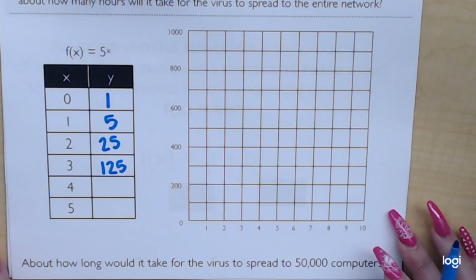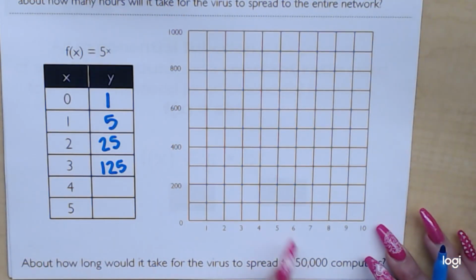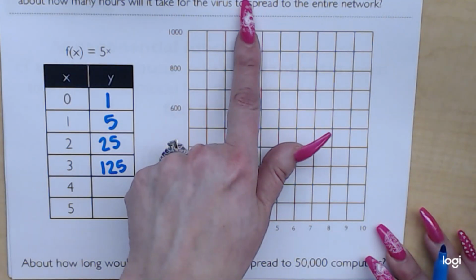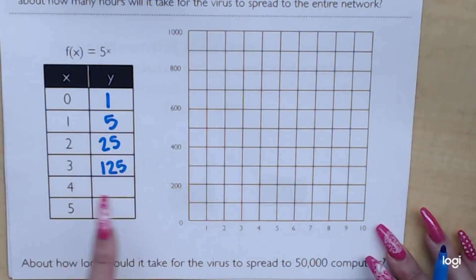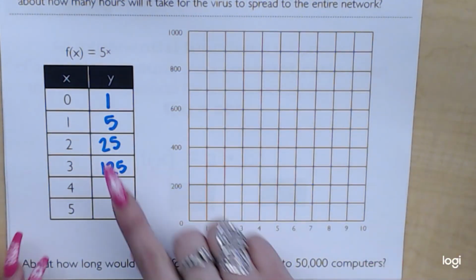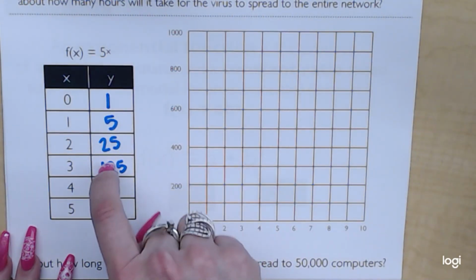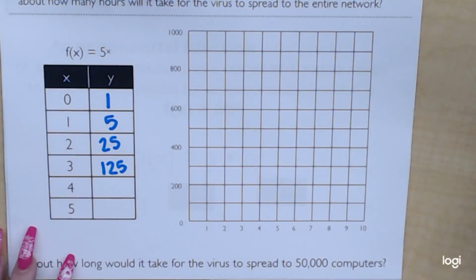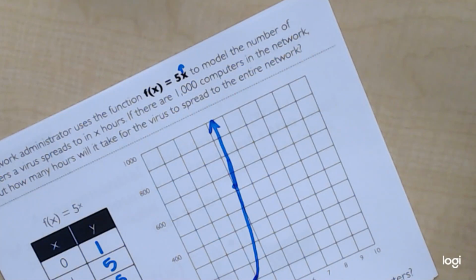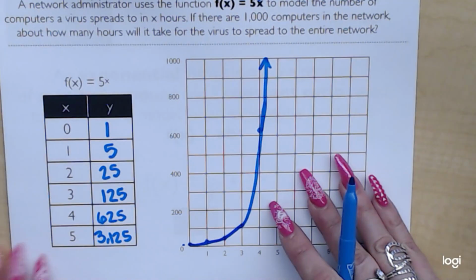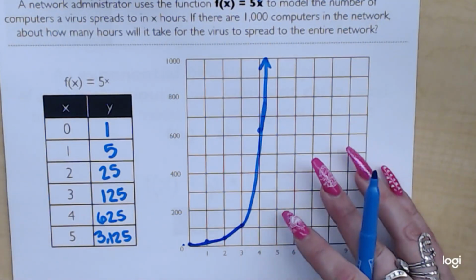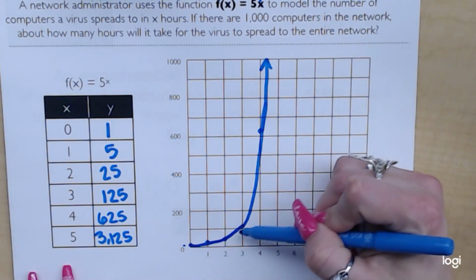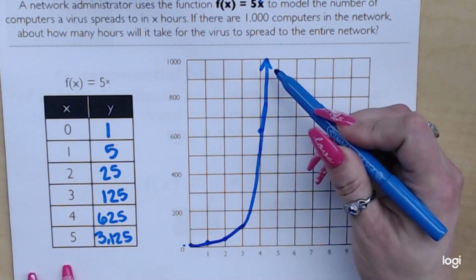And then it's asking how long is it going to take for the virus to spread to 50,000? This was if there are 1,000 computers. So we'll check back on that, but let's just practice being able to apply the function, create the table, and plot the points. So here's what our graph looks like. We can see how quickly this really starts to shoot up.